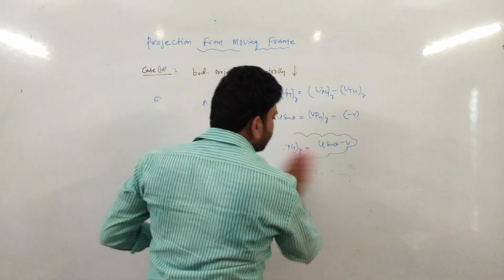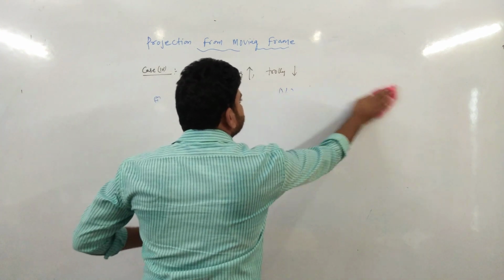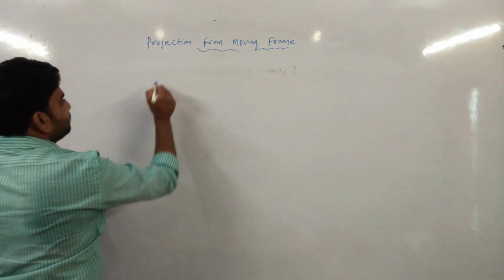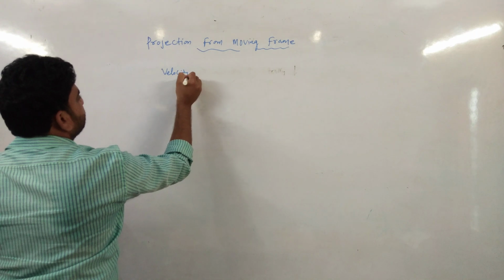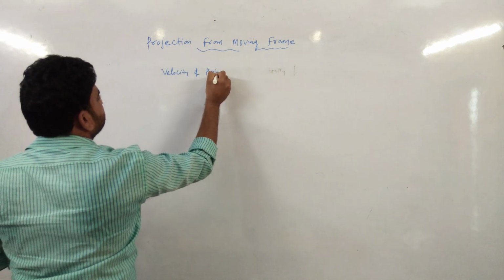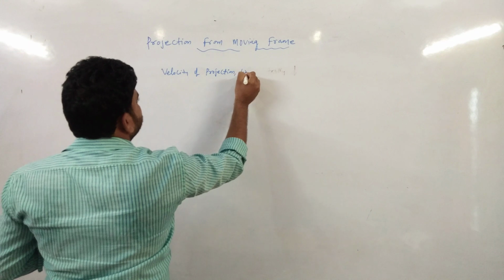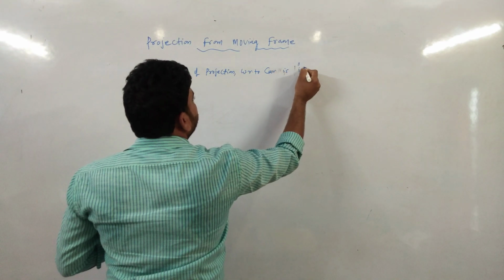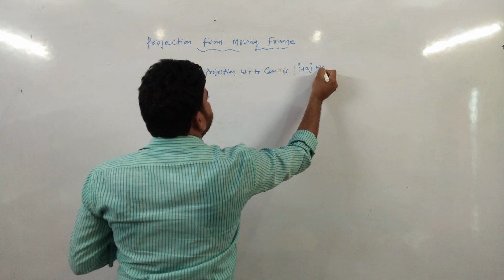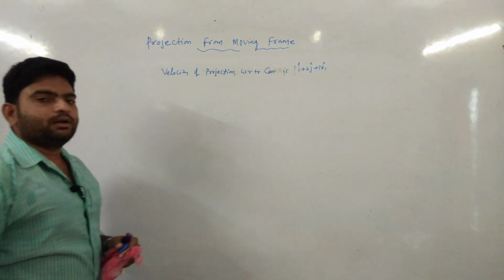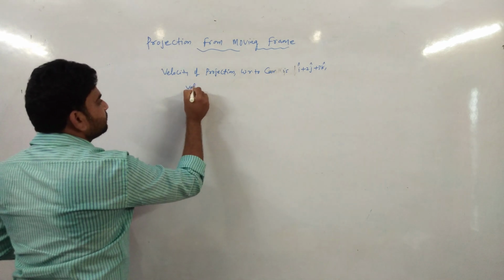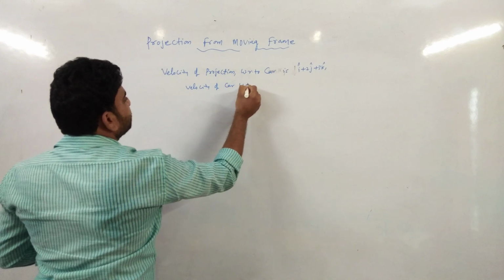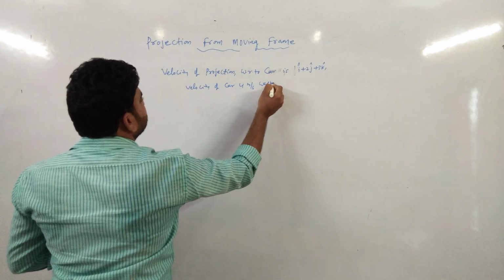Suppose the question is given like this: the velocity of projection with respect to the car is i cap plus 2j cap plus 3k cap, and the velocity of the car is 4 meters per second in the west direction.